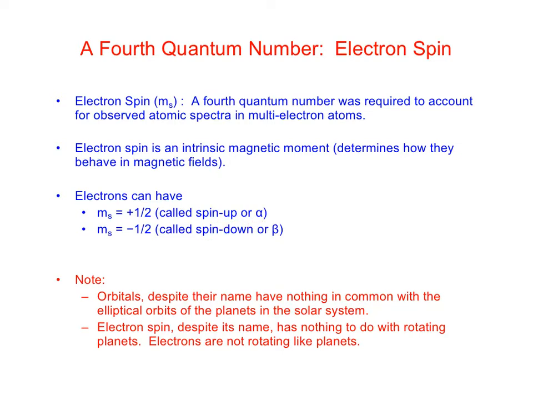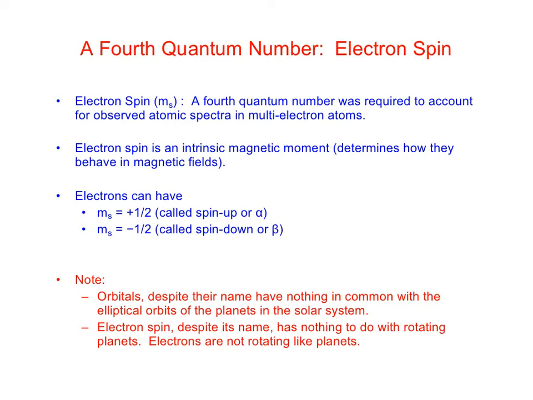Now, one common misconception about the behavior of electrons in an atom comes from the names that we use for orbitals and electron spin. This can sometimes give the impression that electrons are like planets orbiting around the sun in circular or elliptical orbits, and that the electrons are rotating on their axis like planets. And that's simply not the case.